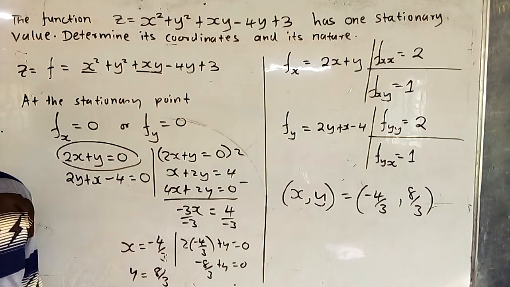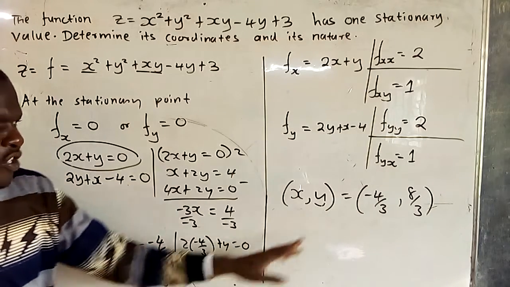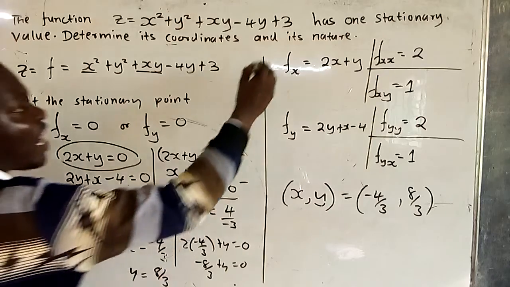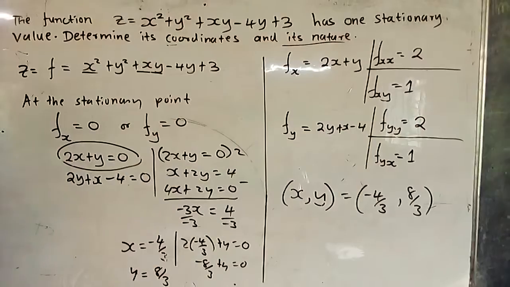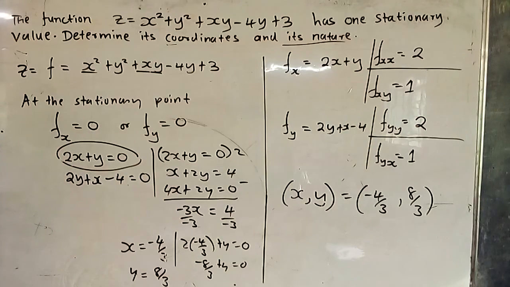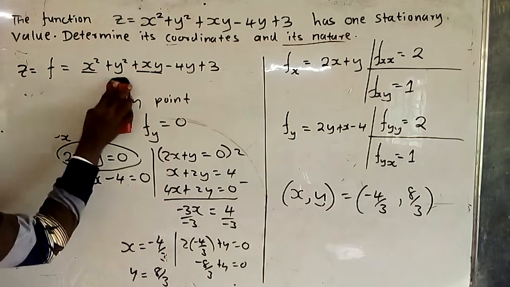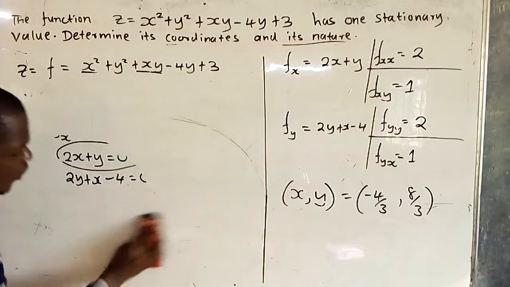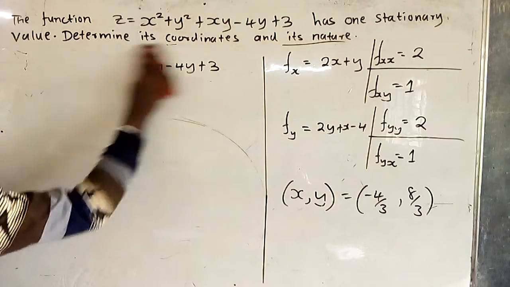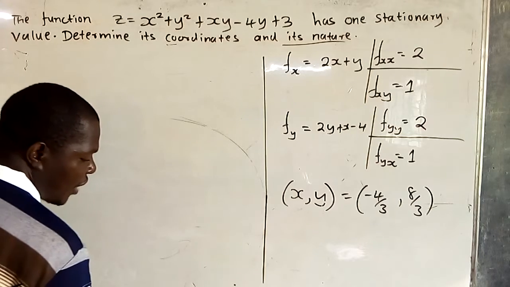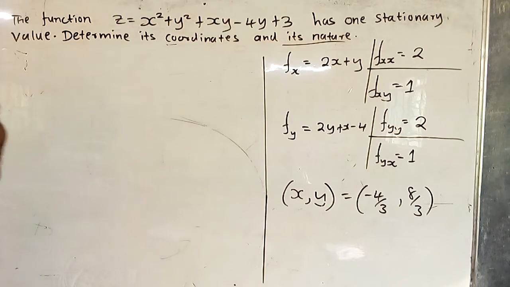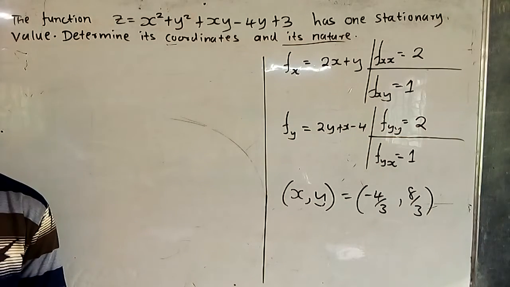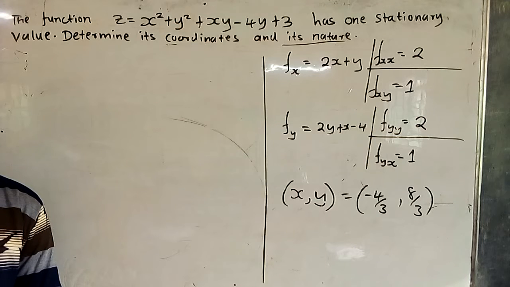Are we together? Now after representing the stationary point, we want to determine its nature. Are we together? We want to determine its nature. So how do we determine the nature of a stationary point? For you to determine the nature of a stationary point, you use the discriminant, and the discriminant is given by the determinant of the Hessian matrix, isn't it?